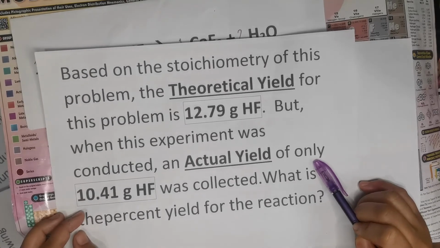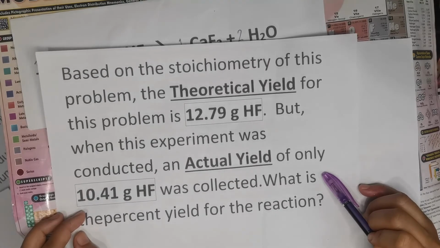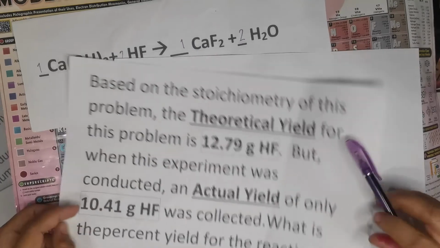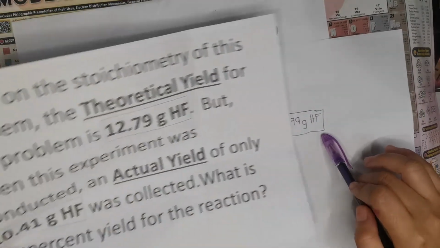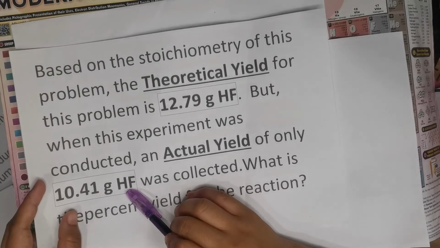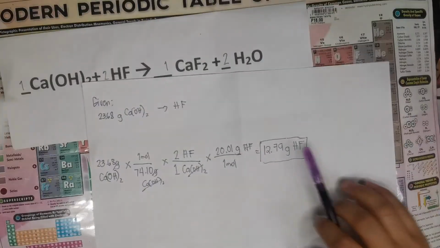Now, the question is, what is the percent yield for the reaction? Sabi ko nga sa inyo kanina, si actual yield lagi ay much lesser kaysa kay theoretical yield. Since given na ang theoretical yield natin at ito yung actual yield, pwede na nating i-compute for the percent yield.